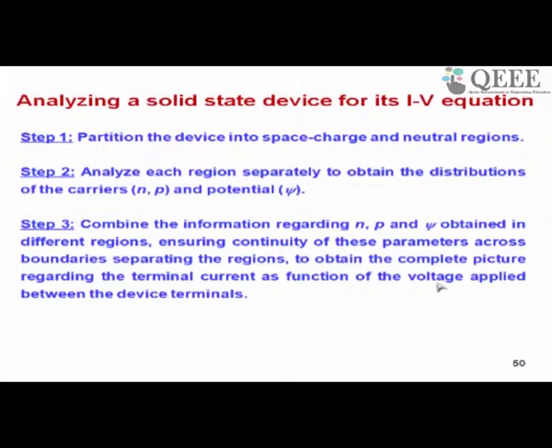So these are the three steps in which we analyze any device. In fact, the word analysis itself means separation of the whole into parts, understanding the parts in isolation, and combining the understanding of the parts to understand the whole.